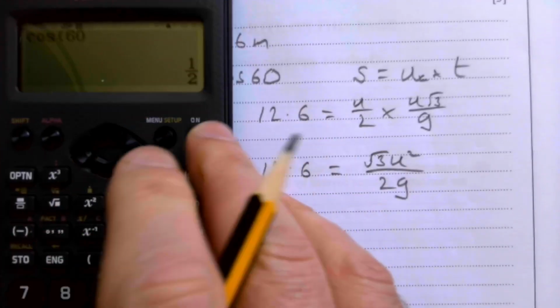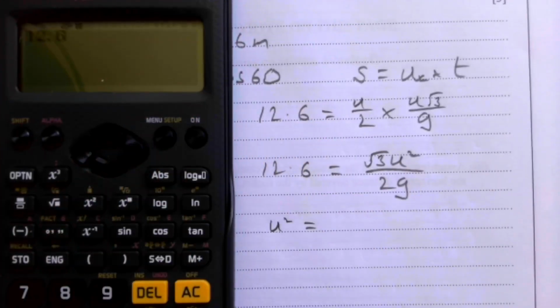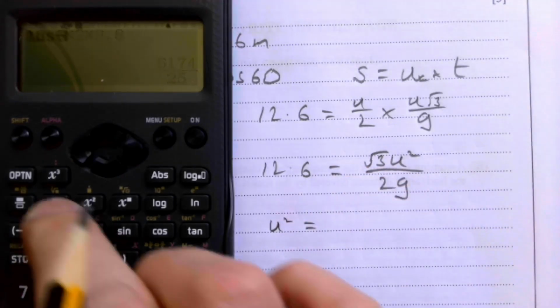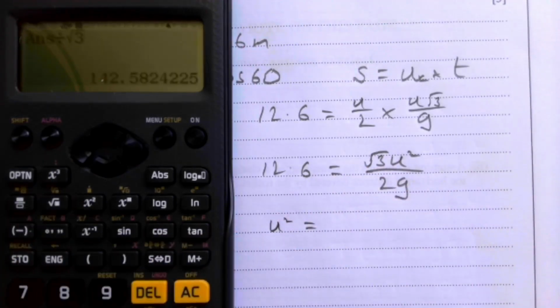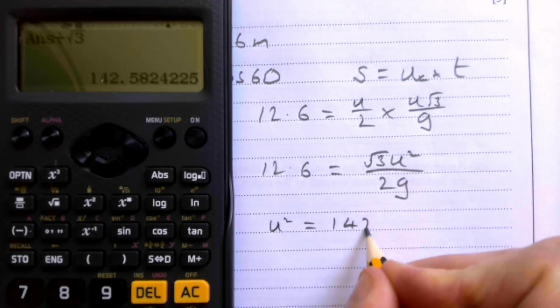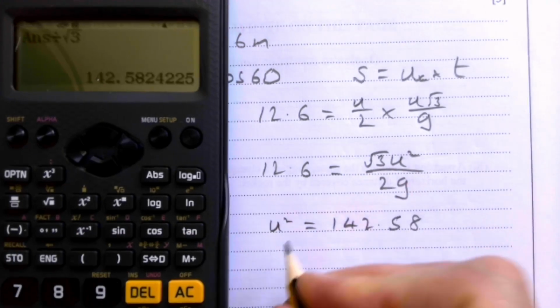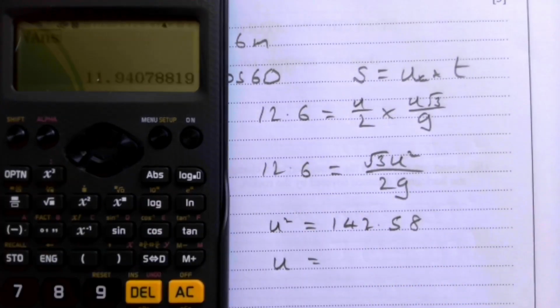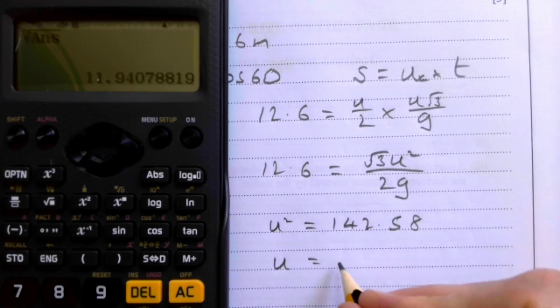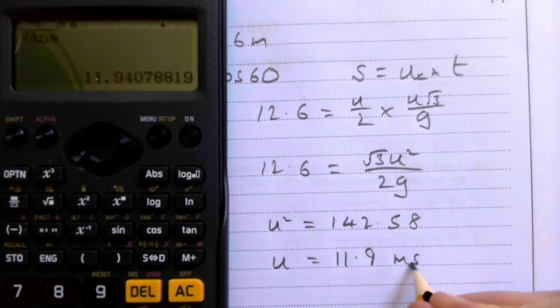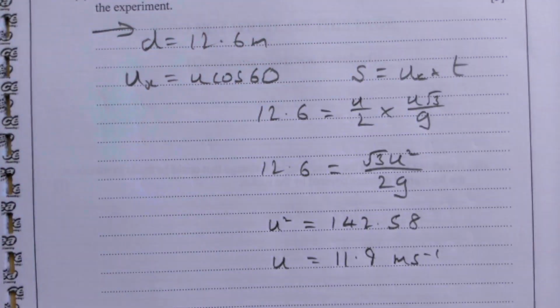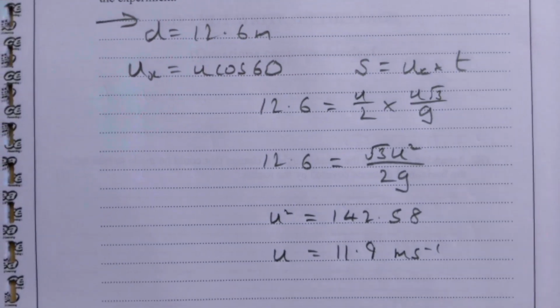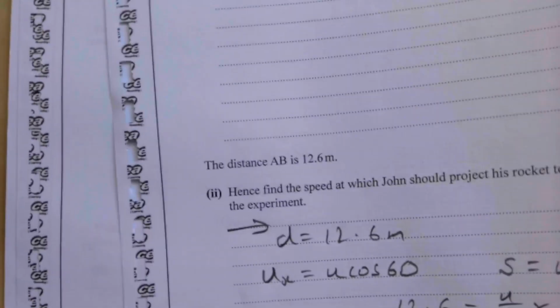So I'm timing 12.6 times 2 times 9.8, which gives me that, and then divide by root 3, which is 142.58. u then is the square root of that, and that's going to be 11.9. So the speed at which John should project the rocket is 11.9 meters per second, which gets us across there.